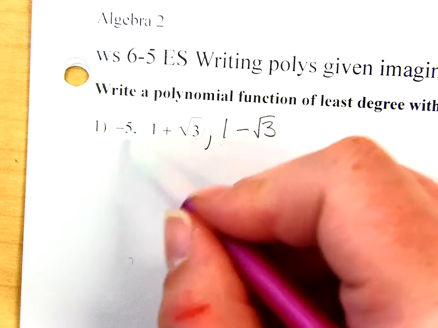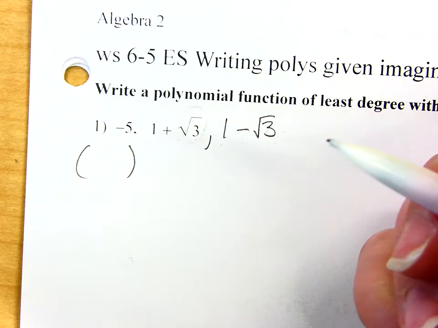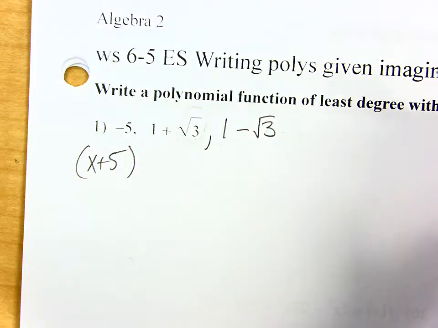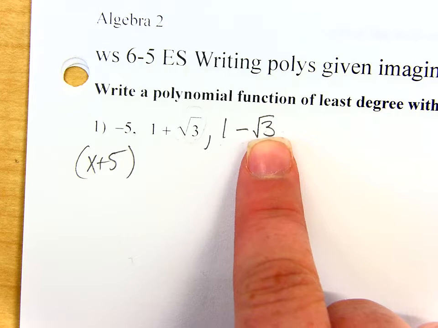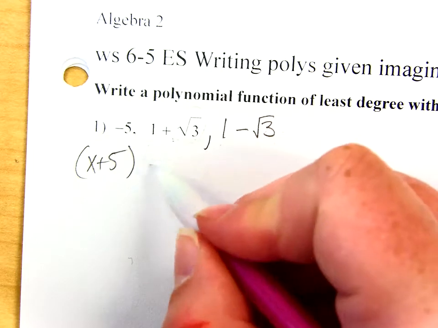polynomial. Now, this zero of -5 came from what factor? X plus 5. That's easy. Unfortunately, these are a little bit more difficult. Okay, watch.